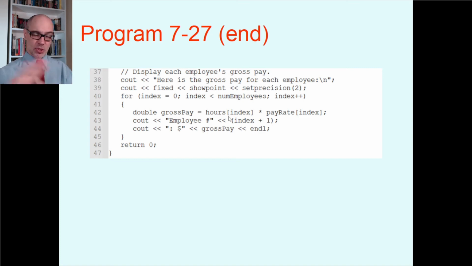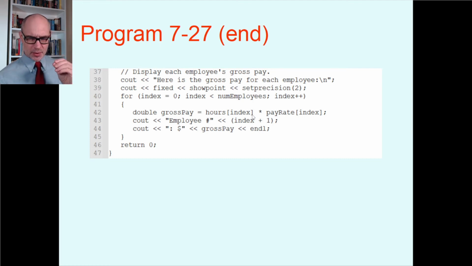That line there looks totally like you have an array, which, frankly, vectors really are, costumed up with additional features. So you're looking at hours bracket index, and you're multiplying by pay rate bracket index for whatever employee you're talking about. Multiply those two things together, and of course, that's the gross pay, and you print it out.